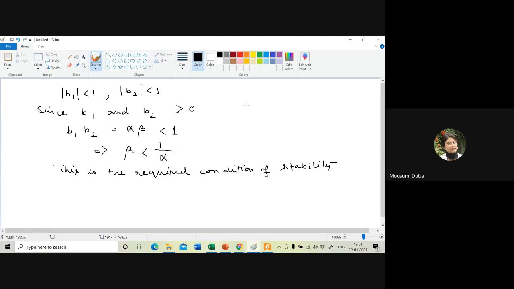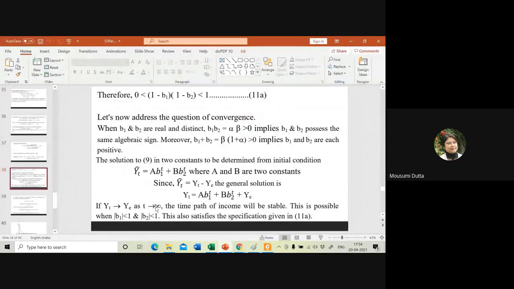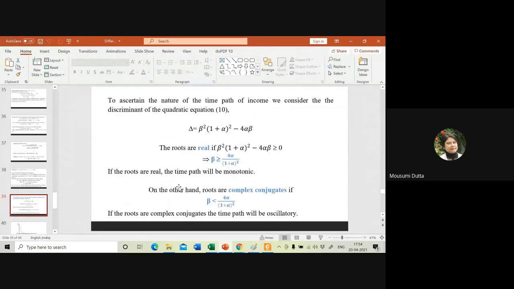This condition is clear to all of you. The stability condition in terms of accelerator and multiplier, beta should be less than 1 upon alpha, or alpha into beta less than 1. This is the required condition of stability here. And then you are understanding in terms of alpha and beta when you will have the monotonic time path and when you will have the oscillatory time path.